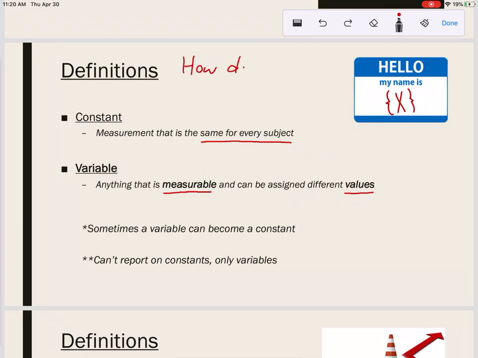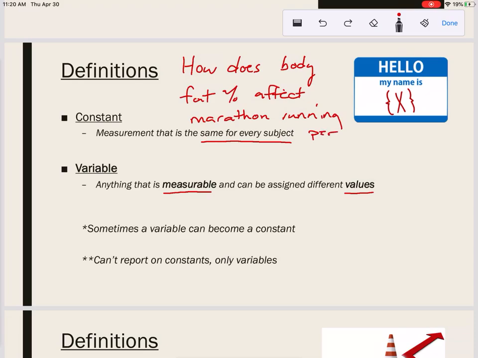So let's, as we always do, give an example to really outline this. Let's say that my research question relates to how does body fat percentage affect marathon running performance?